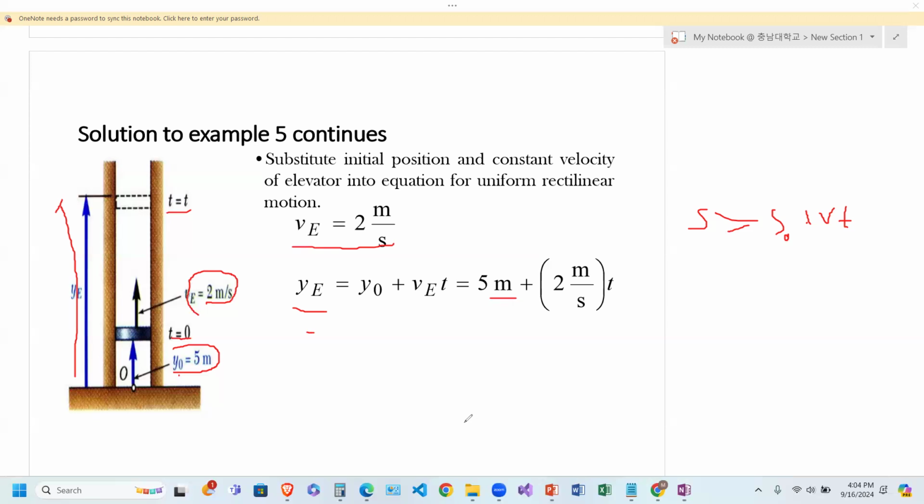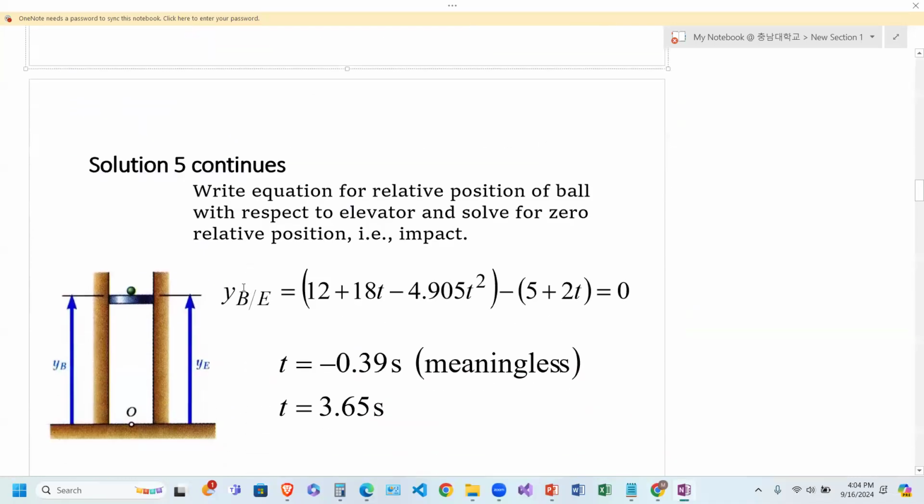Now we are going to relate. Remember, YE is the same as YB, and then we are able to define the time. Write the equation for the relative position of the ball with respect to the elevator and solve it. That means YB is the same as YE.